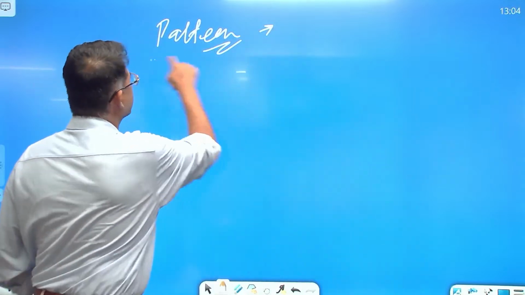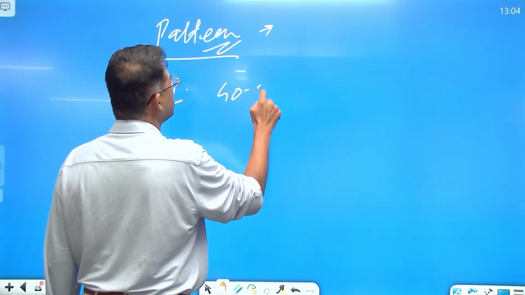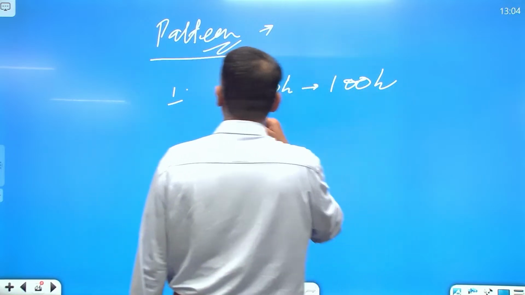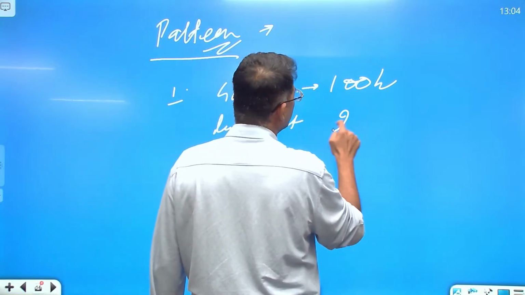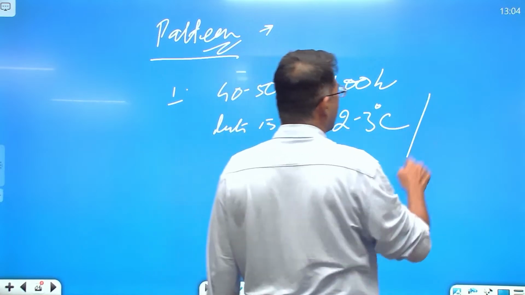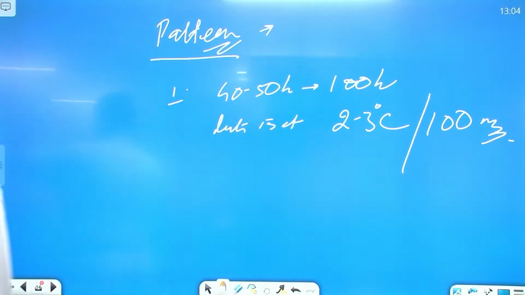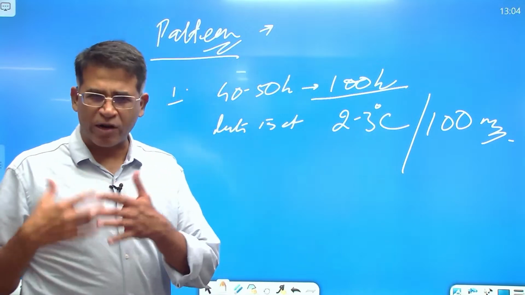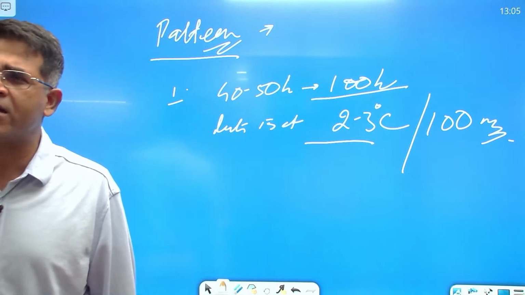Now, the pattern is, for the initial 40-50 kilometers, sometimes even up to 100 kilometers तक, the heating is at the rate of 2 to 3 degrees centigrade for every 100 meters of depth.